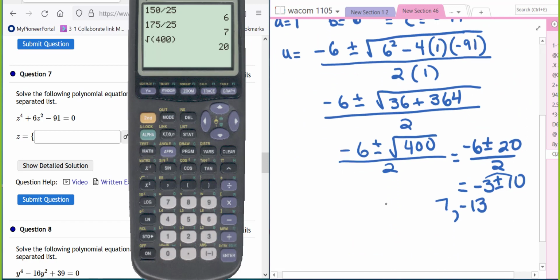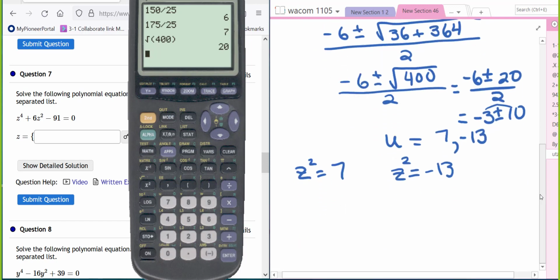So instead, I'm going to put Z squared here. Z squared equals 7, and Z squared equals negative 13. And then I have to finish solving those because I want to know Z, not U.